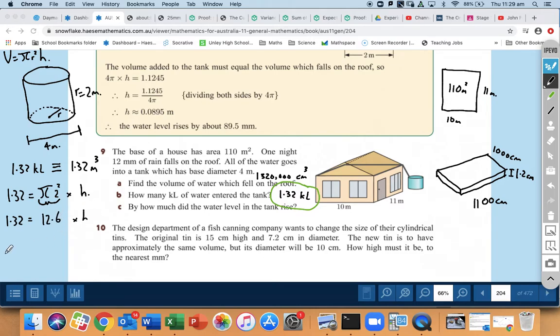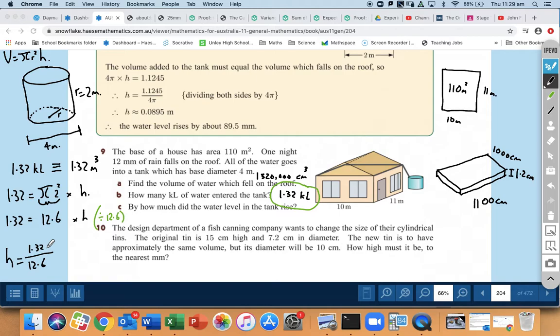12.6 times the height. But remember, I don't want 12.6 times the height. I just want the height. So I will need to divide both sides of my equation by 12.6 so that I am just left with the height. So we get 1.32 divided by 12.6.